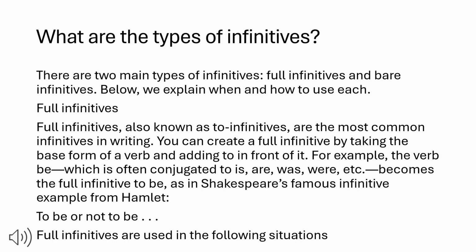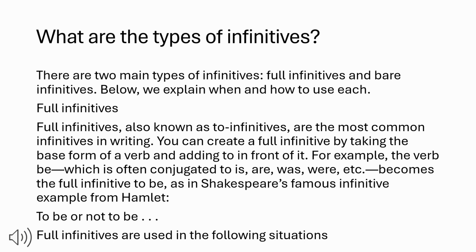What are the types of infinitives? There are two main types of infinitives: full infinitives and bare infinitives. Below we explain when and how to use each. Full infinitives, also known as to infinitives, are more common in writing.